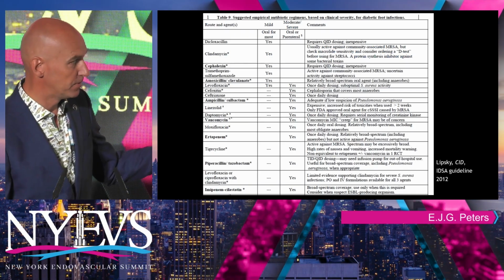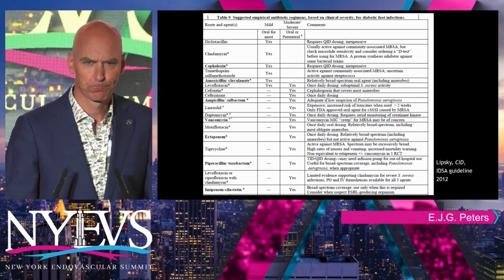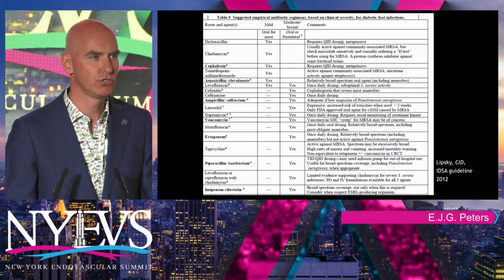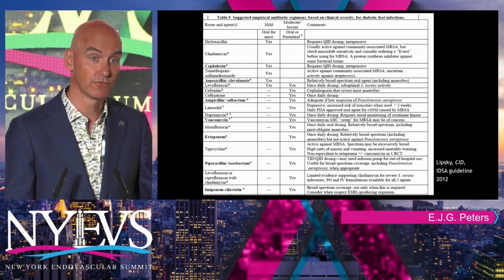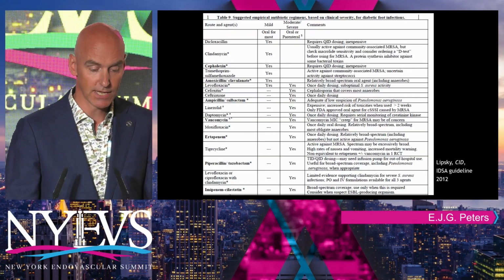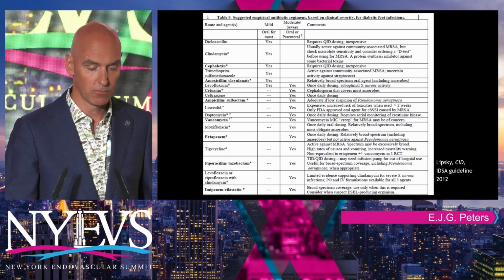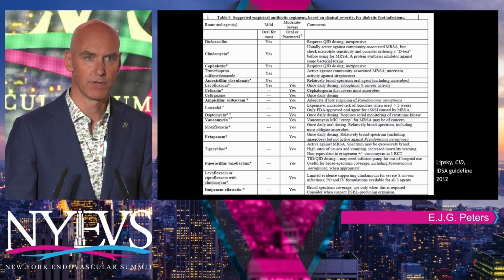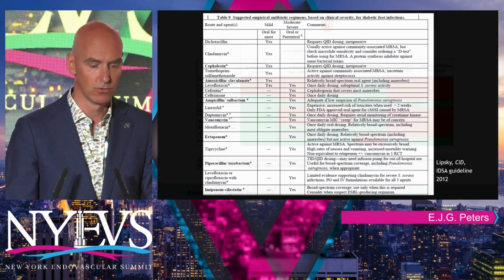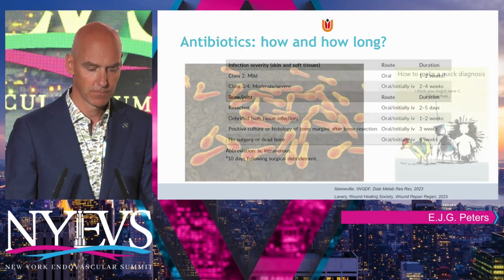Now this is a pretty busy slide, but it's one of the tables from the 2012, so the previous version of the IDSA guidelines, where you can look up what kind of options you'd have for empiric antibiotic regimes.